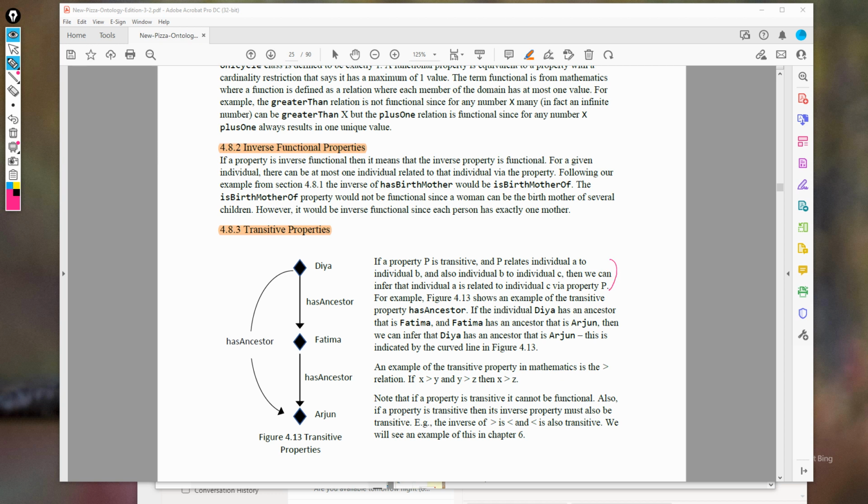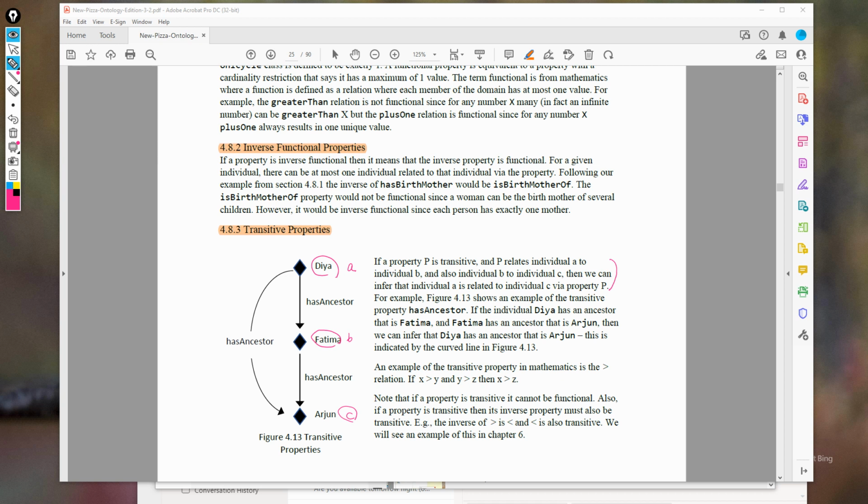A good example: Dia has a sister Fatima. If this is A related to B, and Fatima has ancestor Arjun, so let's say this is C, then Dia has ancestor Arjun.